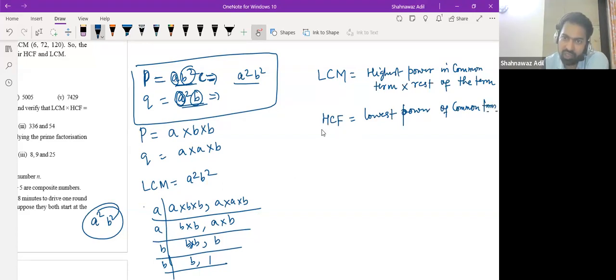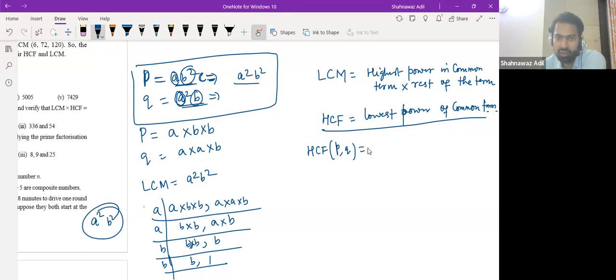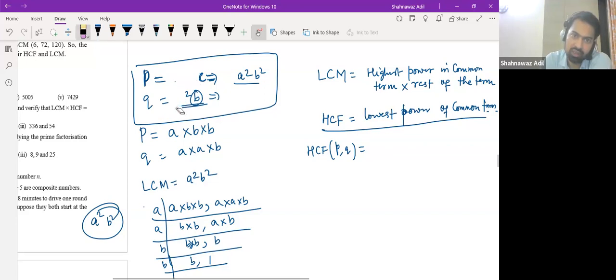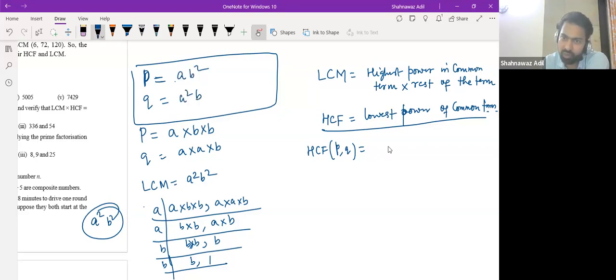So what would be the HCF of this P and Q? Amira, what would be the HCF? It would be AB. Yes, absolutely right.